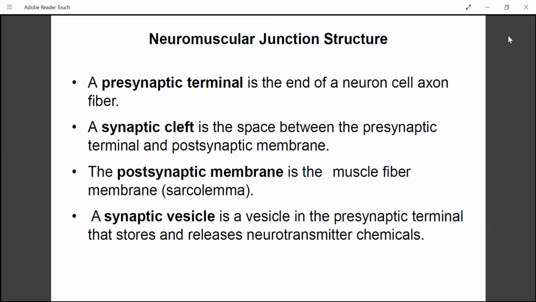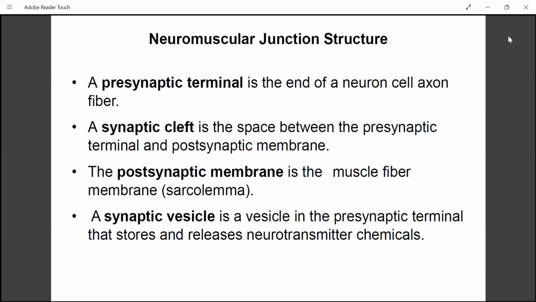The synaptic cleft, the word cleft means space. This is the space between our presynaptic terminal and our postsynaptic membrane. In our chapter here, our postsynaptic membrane is our muscle fiber membrane, which we call the sarcolemma. So the cleft is the space between the end of our neuron axon and our muscle fiber sarcolemma.